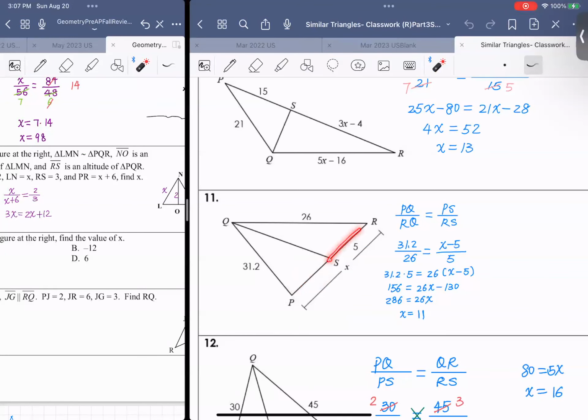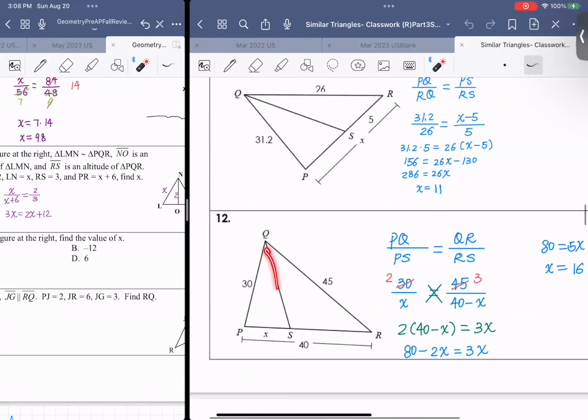This piece is 5, so this piece is x minus 5. So you have that over that equals x minus 5 over 5, and then you do the cross multiplication. Cover this with parentheses, do the distribution, then you can solve. That makes sense?